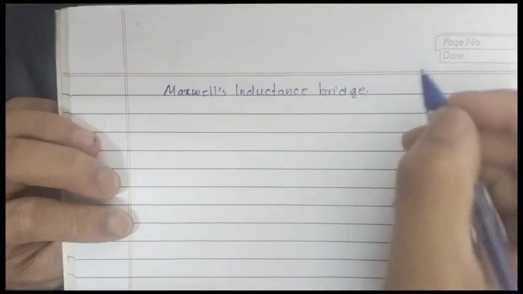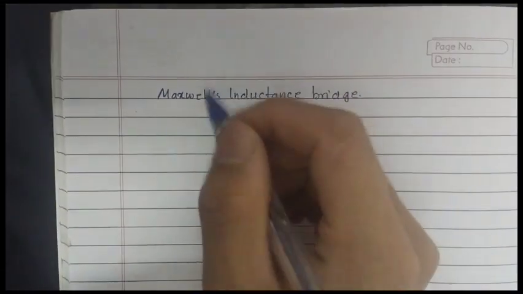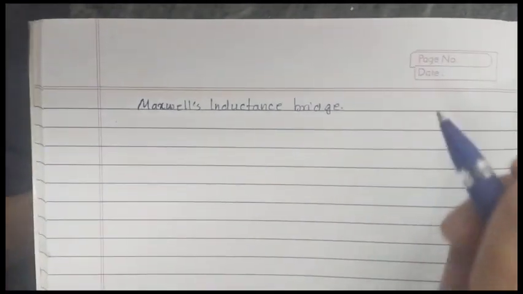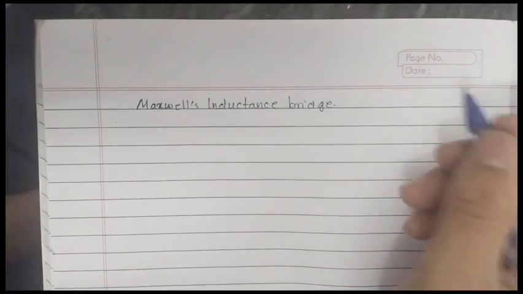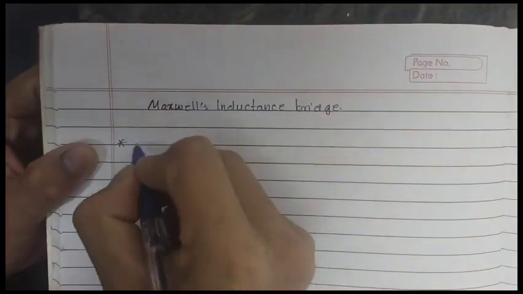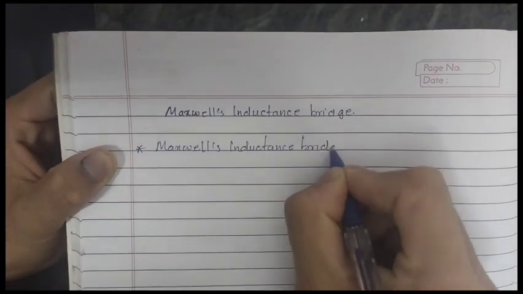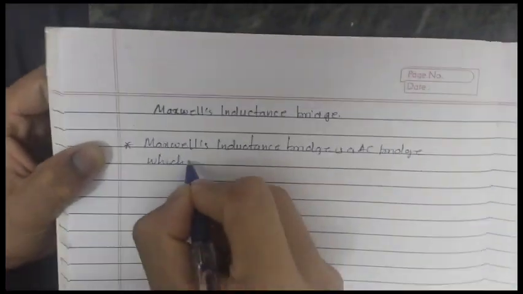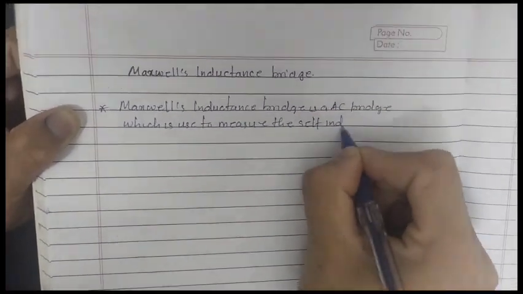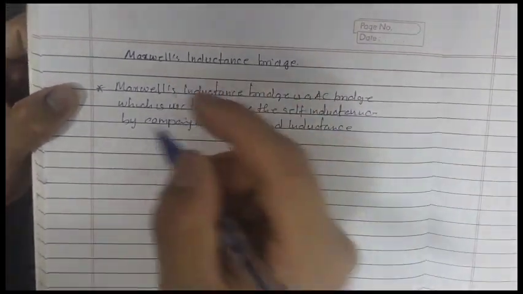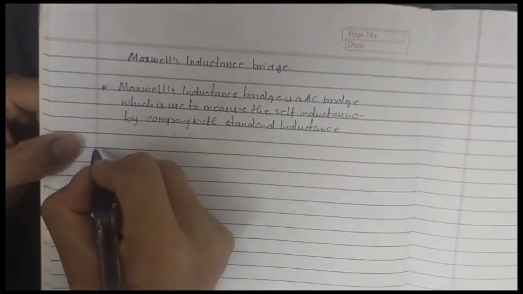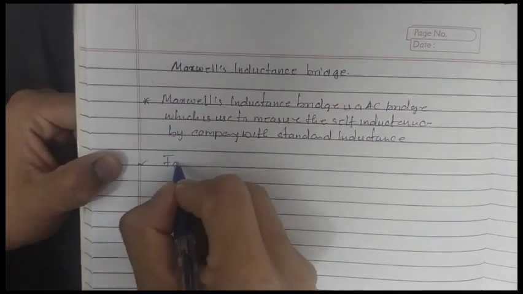The Maxwell inductance bridge, as I have told you earlier, is a type of AC bridge which is used to measure inductance by comparing it with a standard inductance. It consists of four arms.